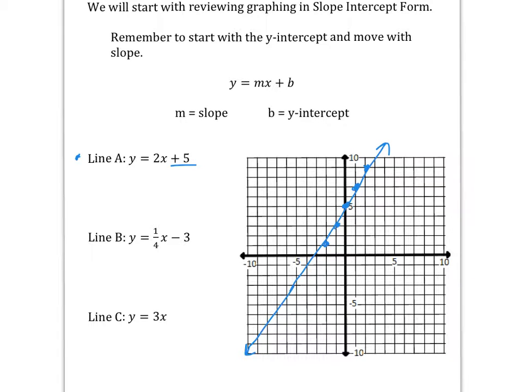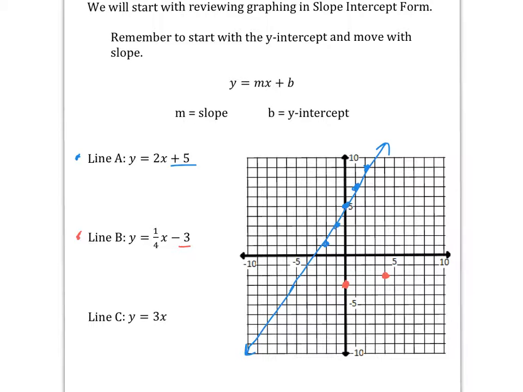Okay, let's look at line B. So again, I'll first graph the y-intercept, which here would be -3. And then I'll move according to the slope, which is 1/4. So I'll go up 1 unit over 4. Up 1 unit, 1, 2, 3, 4. And again, that's the same thing as down 1 unit to the left 4.